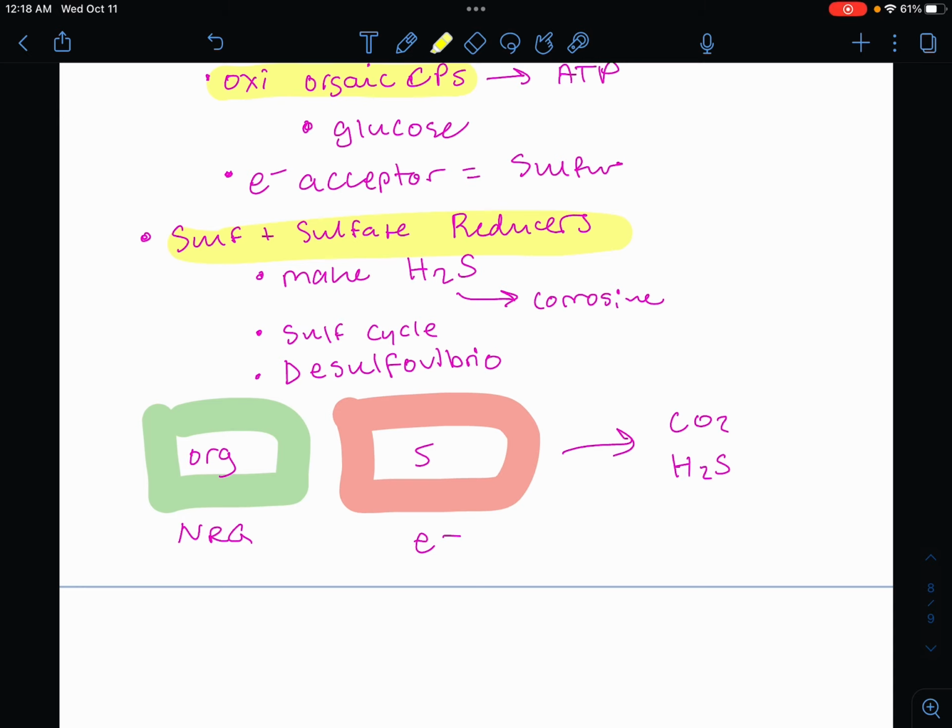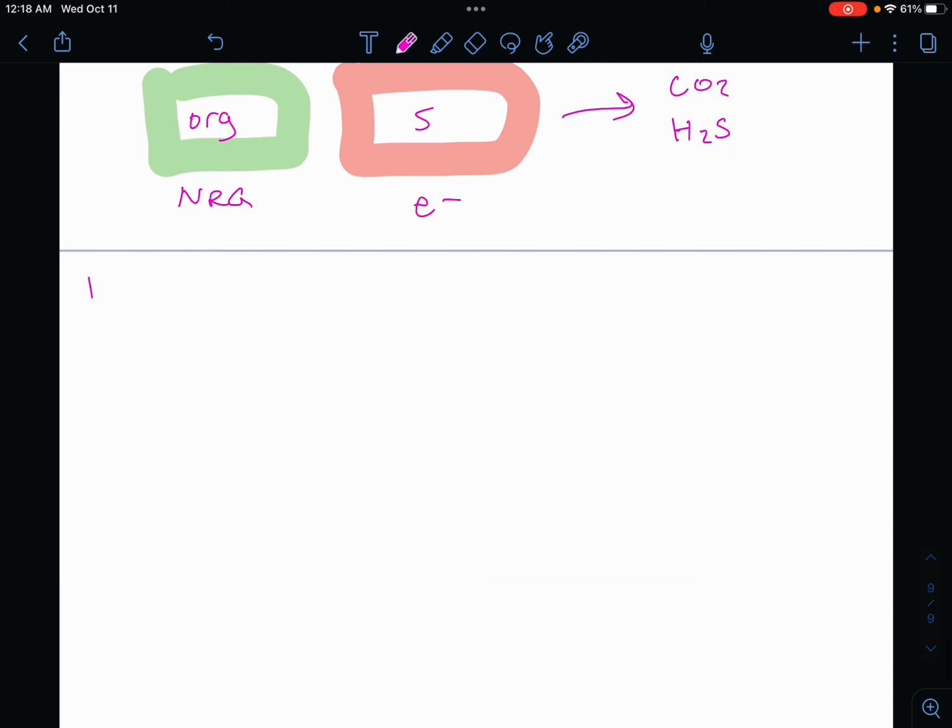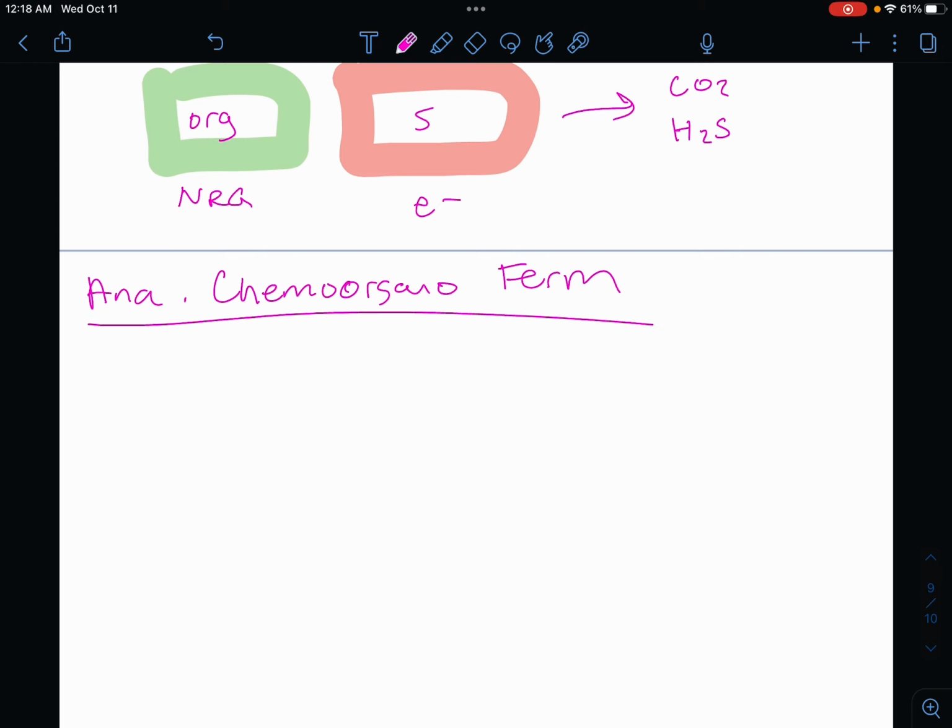So this is going to be their fermentation. So anaerobic chemoorganotroph fermentation. Fermentation is when you're going to be, again, not using oxygen as the terminal electron acceptor.